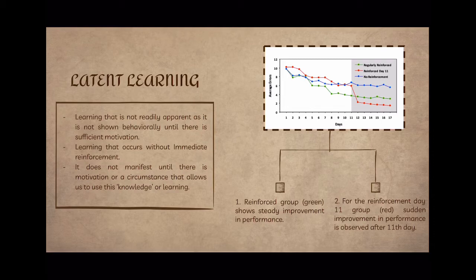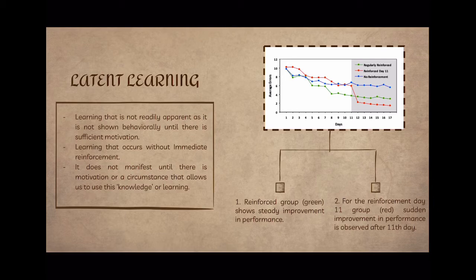The first group, every time they found the exit, got a reward, which is the color green in the upper right chart. The second group was never given a reward, so they were just wandering around the maze. The third group was similar to the second group, but on the 11th day he decided to give them a reward, and that shocked him.